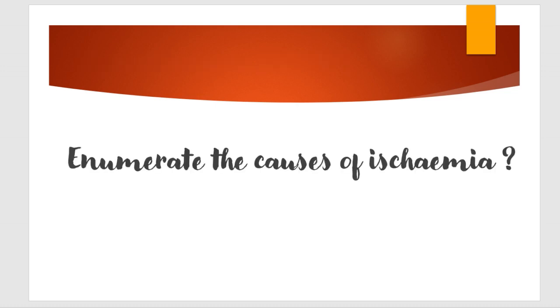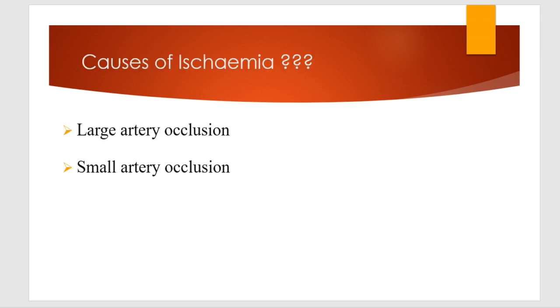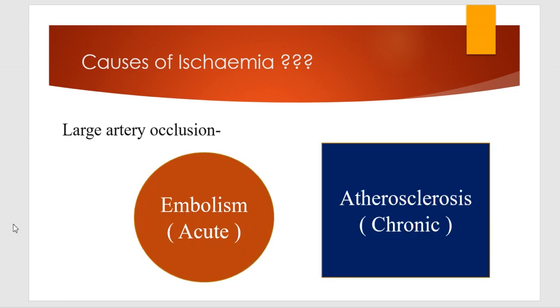Next question is, enumerate the various causes of ischemia. So remember, whenever we are enumerating the various causes of ischemia, we can divide it into two broad groups: the causes causing large artery occlusion, the big arteries, and the various causes that obstruct the small arteries, so small artery occlusion.